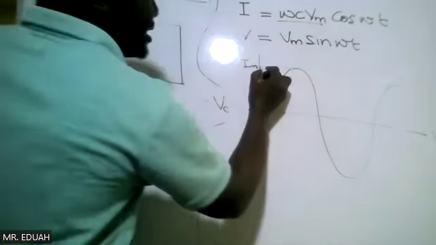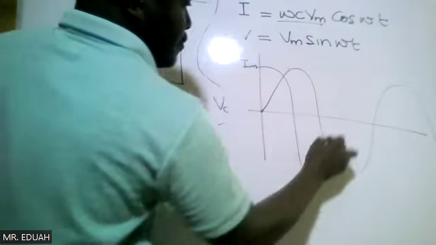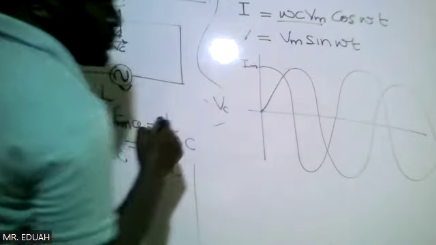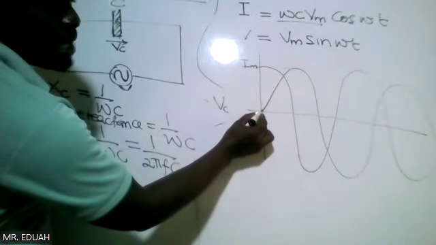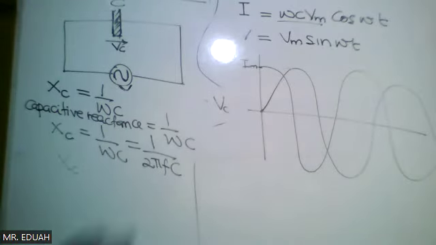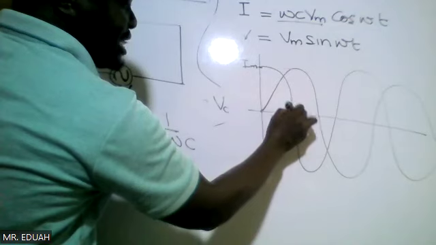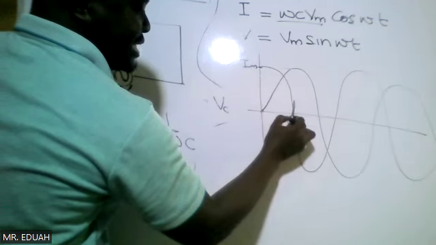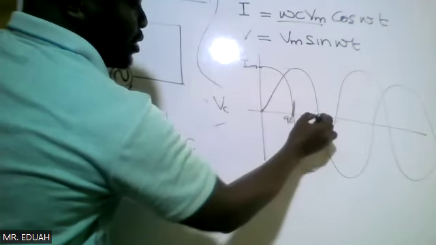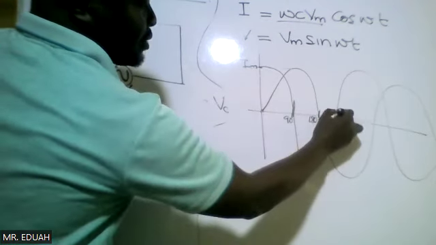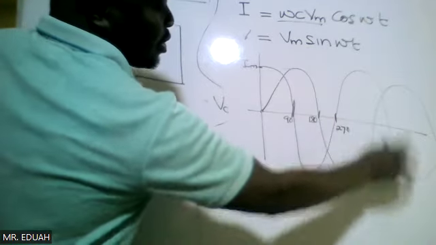So what it means is that for a purely capacitive circuit, whenever voltage starts from 0, current starts from the maximum, and the current is always leading the voltage by an angle of 90. This is 0, this is 90. When this is at 180, current will be at 270. On and on and on.